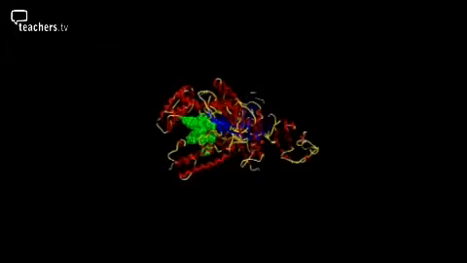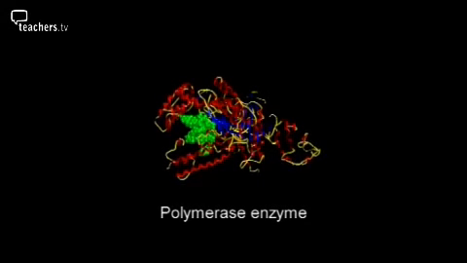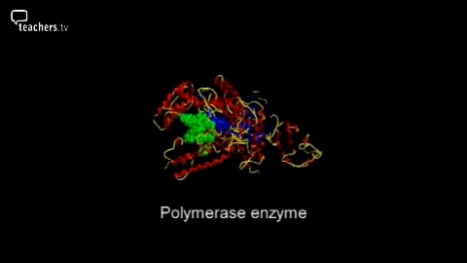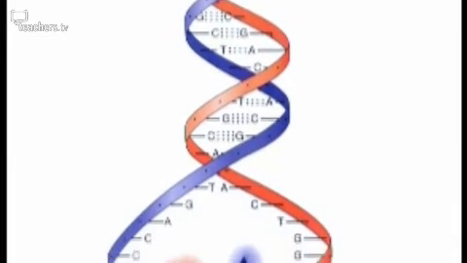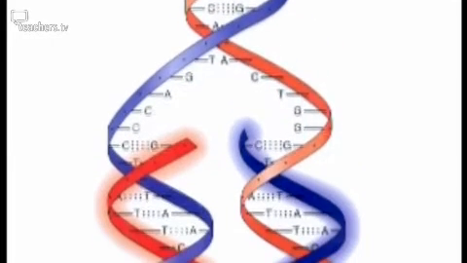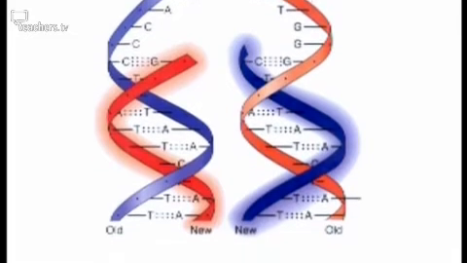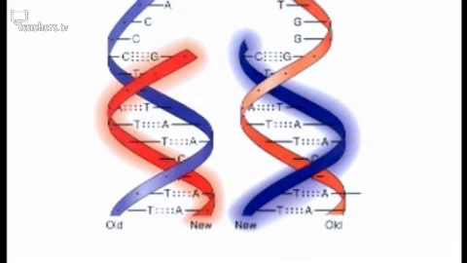Polymerase is the enzyme which causes DNA to replicate. So it effectively moves along the DNA molecule and it causes the two strands of DNA to separate, and then it brings in the building blocks of a new DNA strand, and the polymerase enzyme puts together those building blocks and builds it alongside the existing DNA strand.